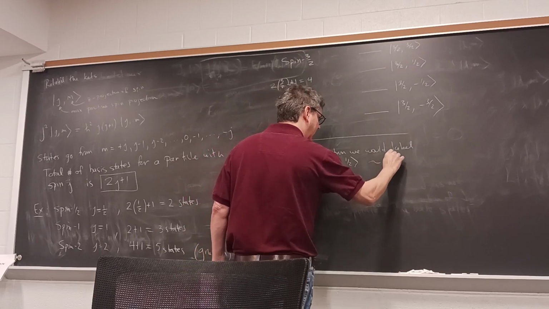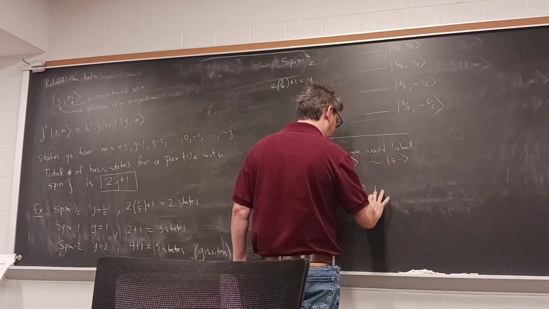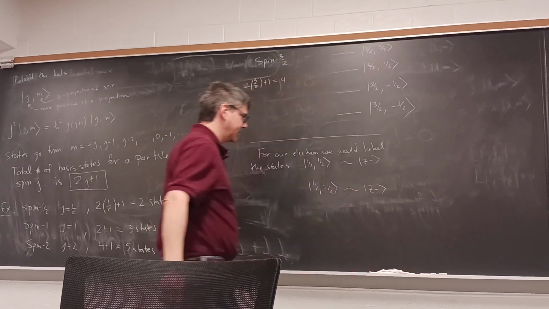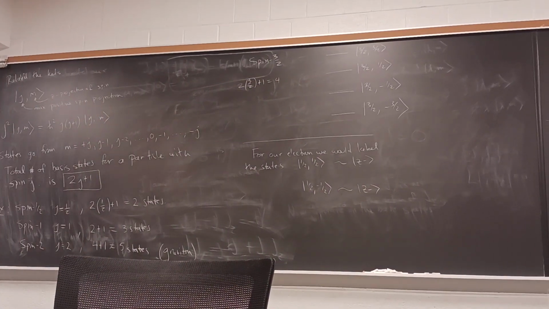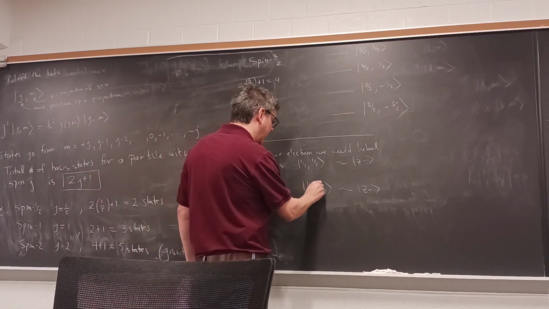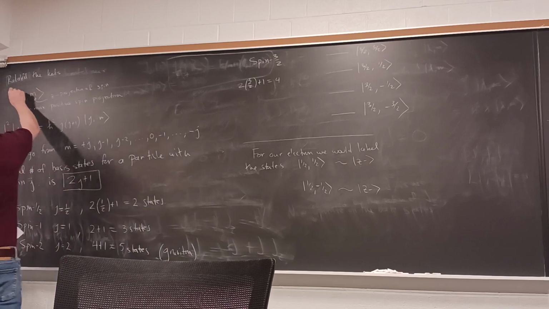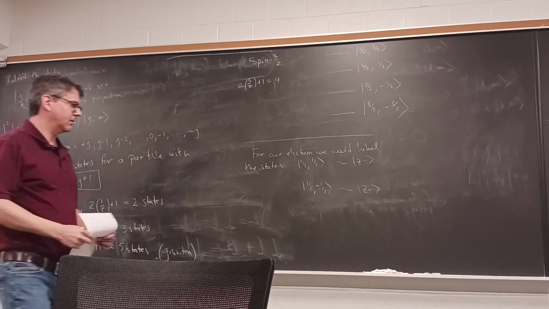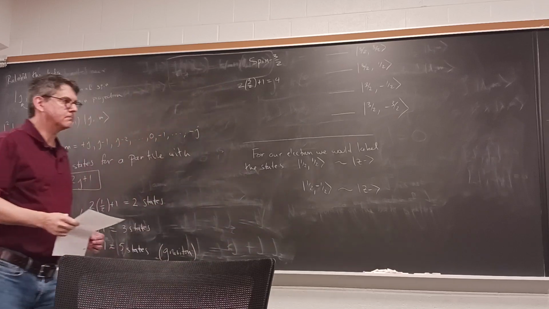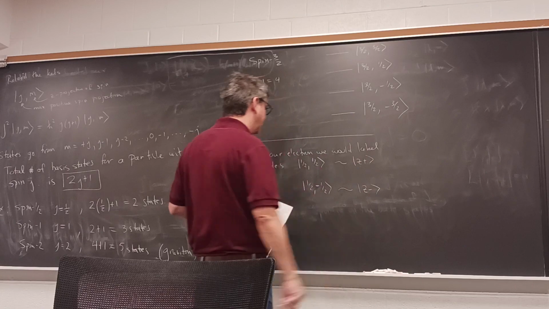It could be any of our states, Z plus and Z minus, or it could be X plus and X minus. It depends on what instrument you're putting it through, but you could label the base states using this notation, in terms of J and M. The Z plus, you put Z minus in it. Oh yeah, this one would be a Z plus.